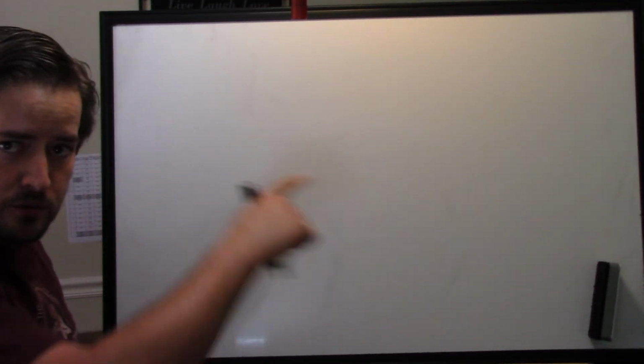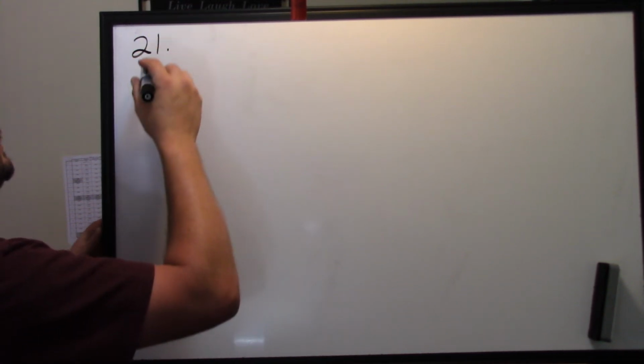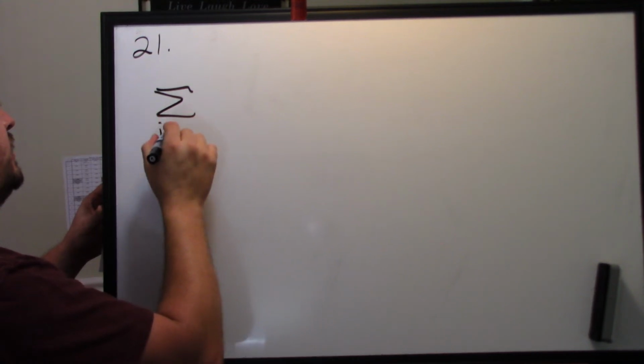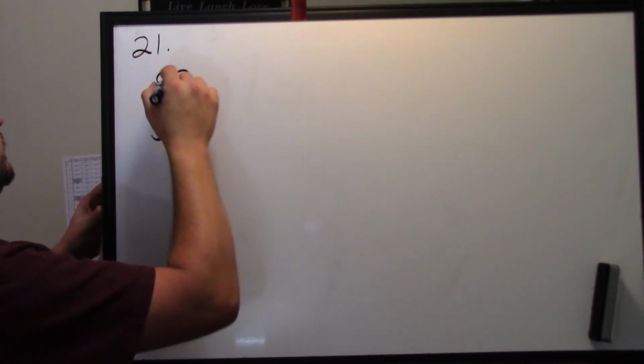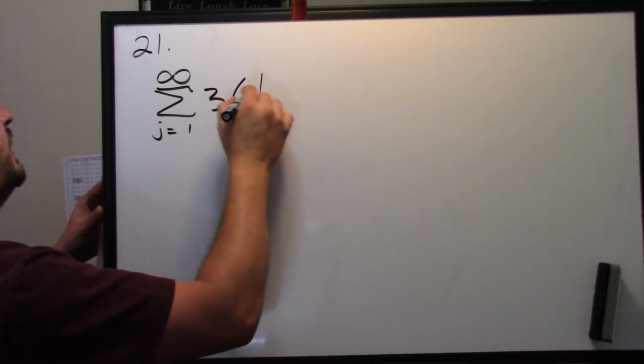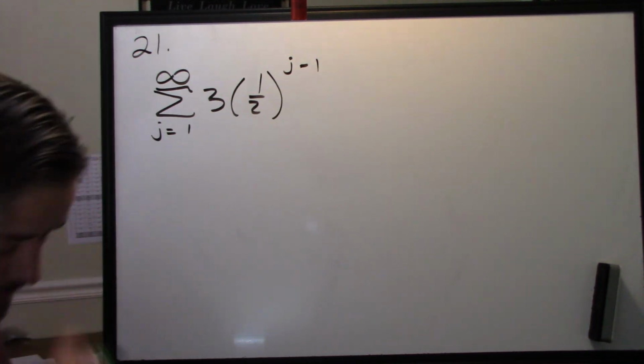Okay, let's look at the rest of them. I think in the chapter, those were partial sums. Now they're all infinite sums. Let's take a look at 21. I have the sum of j equals 1 to infinity of 3 times 1/2 to the j minus 1. Okay?